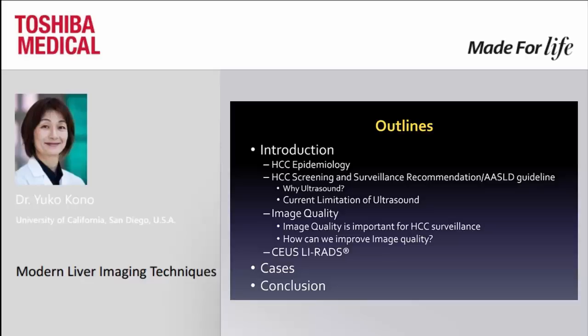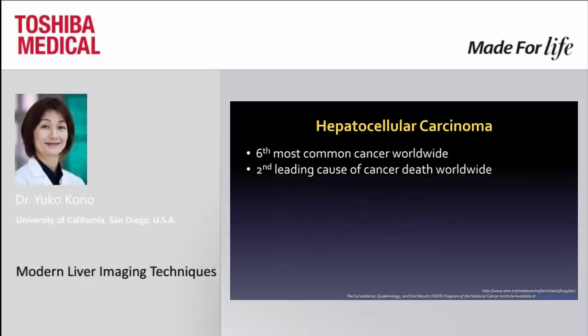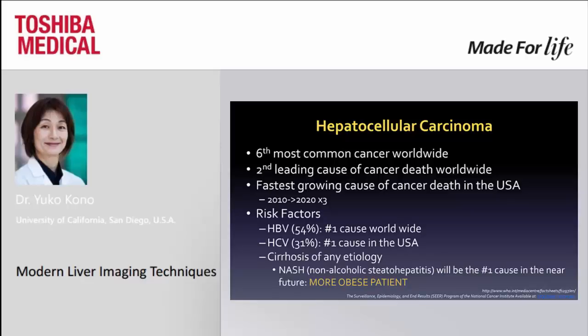So HCC is the 6th most common cancer and 2nd leading cause of cancer death worldwide. It is the fastest growing cause of cancer deaths in the United States, and it's tripling right now. And I'm sure in your practice you're seeing more HCC. Risk factors are hepatitis B worldwide, and hepatitis C is the #1 cause in the United States right now.